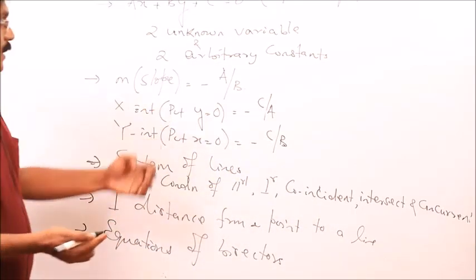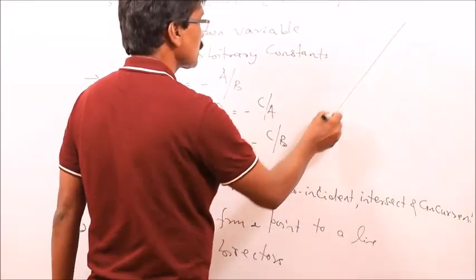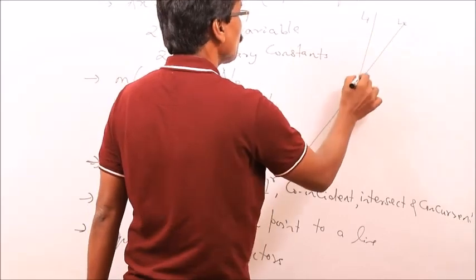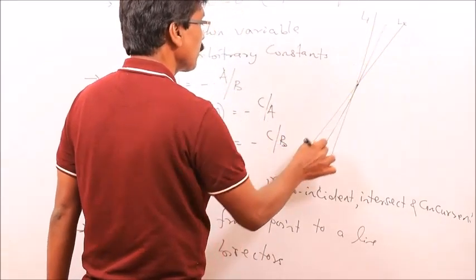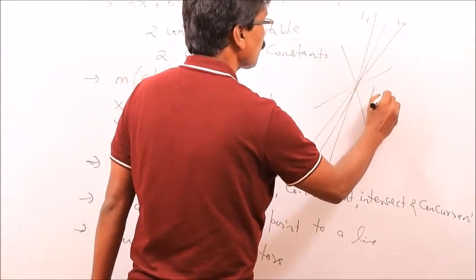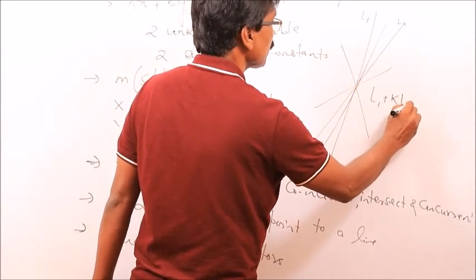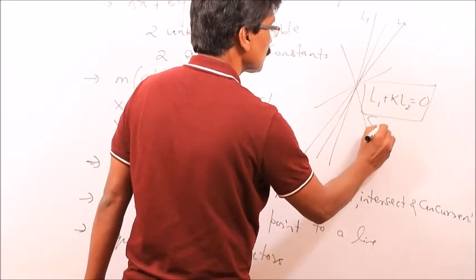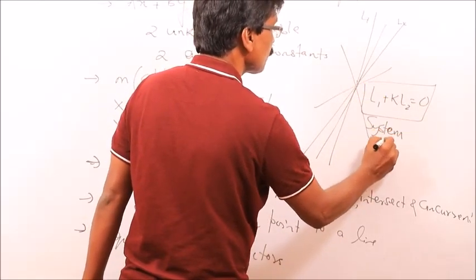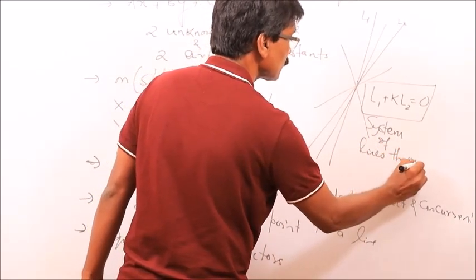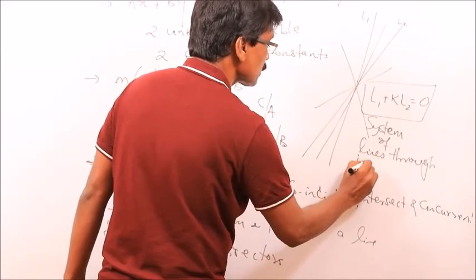We can take the intersection of two lines. We can have an infinite number of lines. So their equation will be L1 plus k times L2 is equal to 0, that is a system of lines through the intersection of two lines.